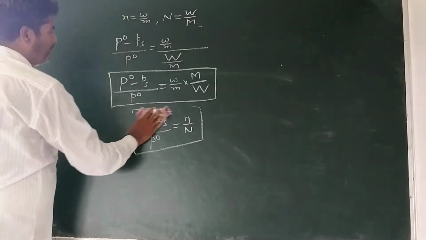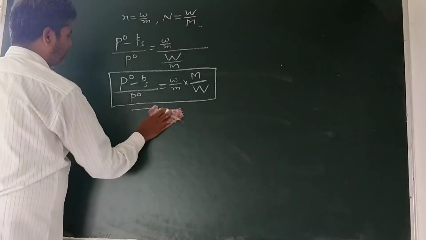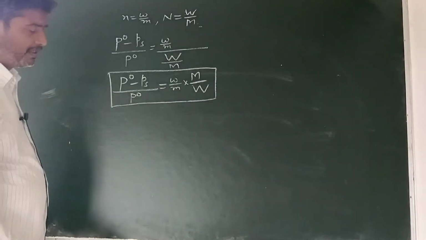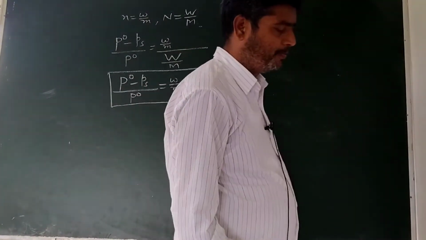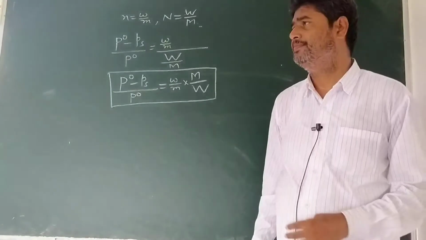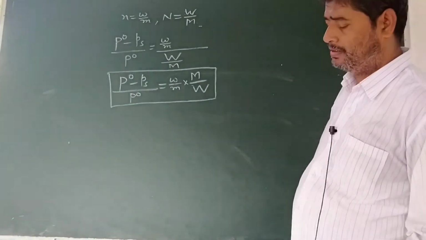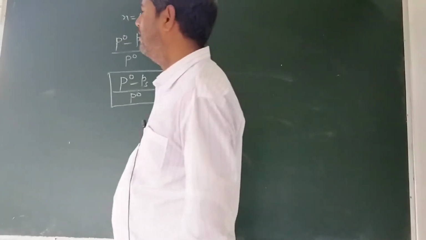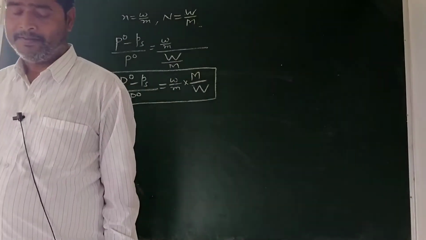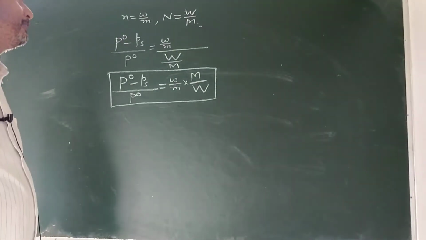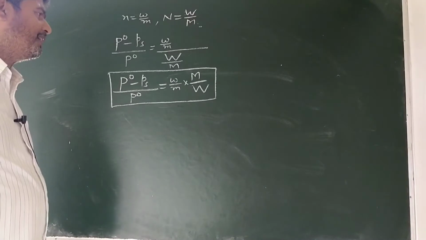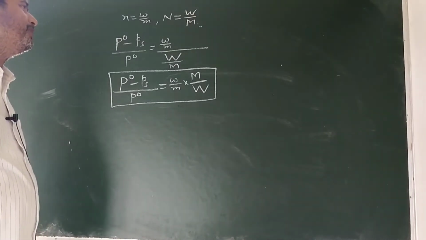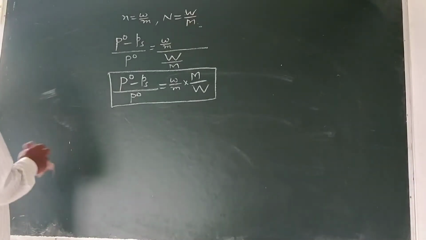And now case number two, when solute and solvent both are liquid. In such cases, the partial pressures of constituents, that is solute and solvent, are proportional to their mole fractions.